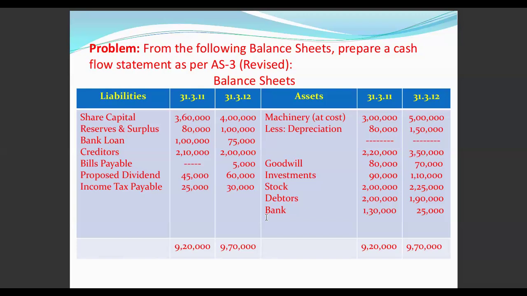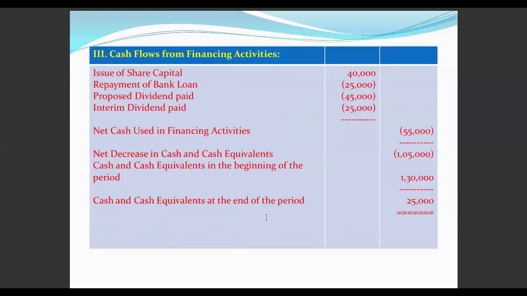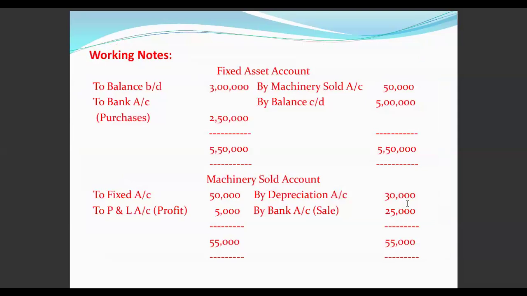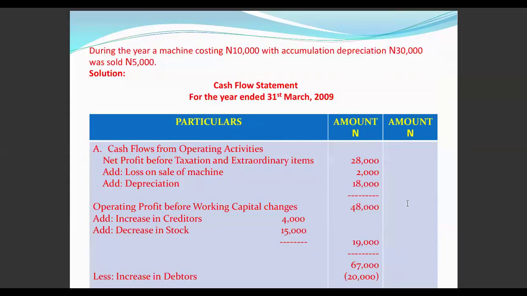So this 1 lakh 5,000 reduction indicates the cash outflow. And here we have 1 lakh 30,000 less 25,000. Now these are certain working notes which we need to do. For the time being, I'm just showing them to you, not working on them.